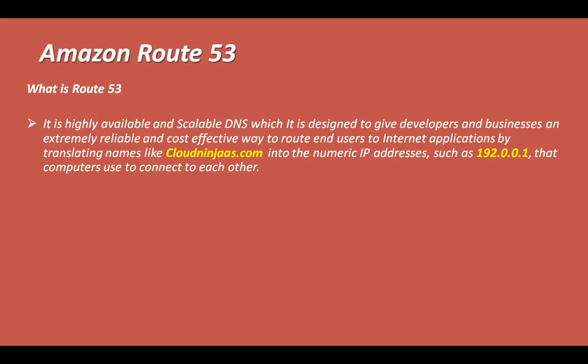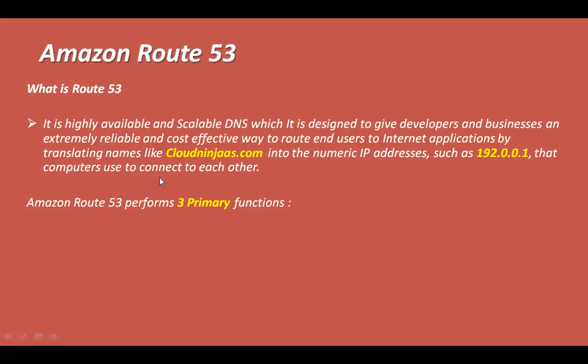It is a simple DNS service which converts the domain name to IP addresses in a pretty fast manner, with the help of its own pool of global DNS servers worldwide. It is basically converting any domain like cloudninjas.com into the numeric IP addresses.